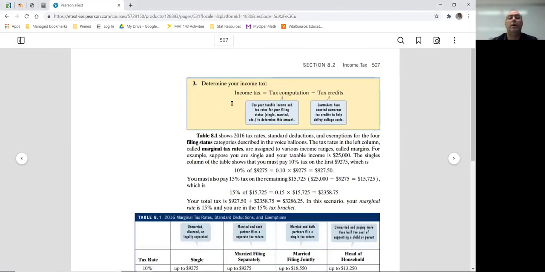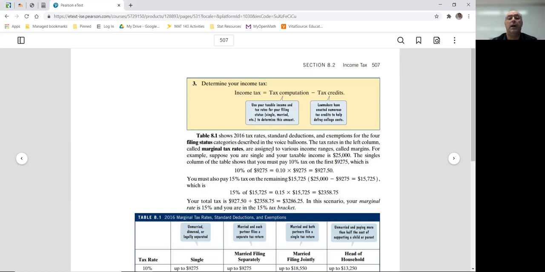Once you have your taxable income, you calculate the amount of the income tax by taking a tax computation, which is based on your AGI and your filing status, and you subtract the tax credits. It's this tax computation part that will end up being quite a bit different than what's in the book.